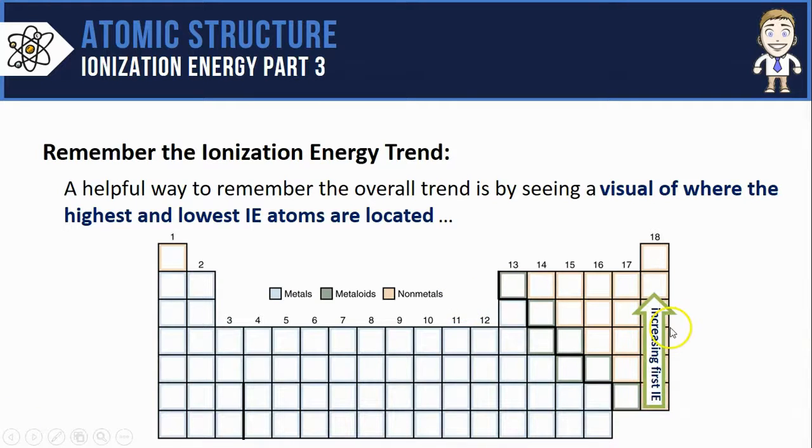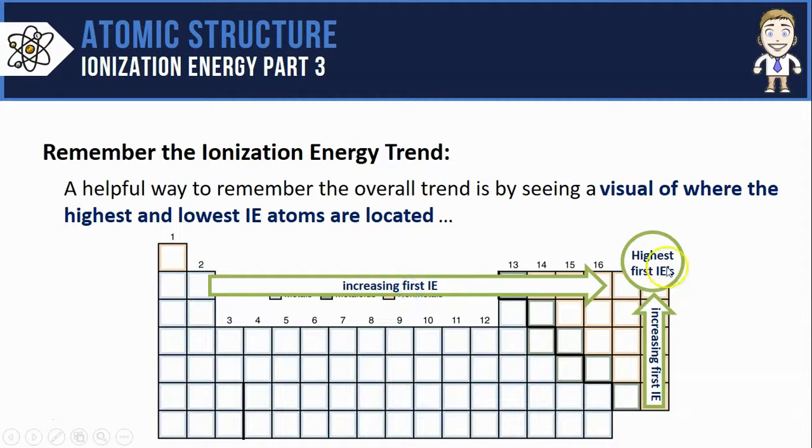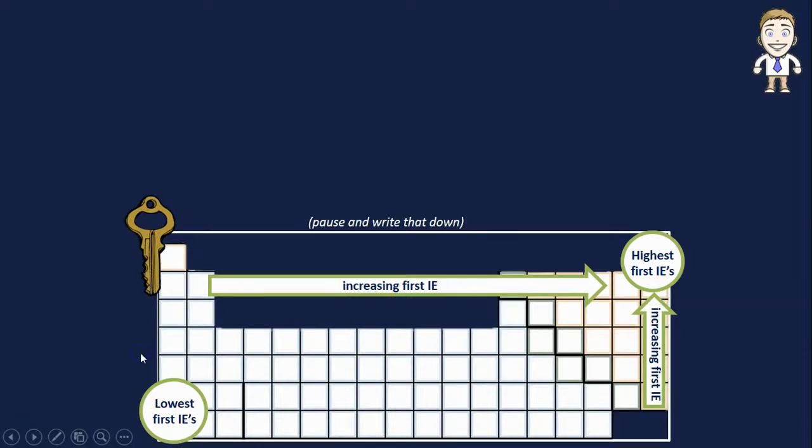Have one arrow pointing up, labeled with increasing first ionization energy. Draw a second arrow pointing left to right, labeled with increasing first ionization energy. Or simply label the top right-hand corner as the atoms with the highest first ionization energies, and the bottom left-hand corner as the atoms with the lowest. I recommend jotting down this version. You can pause and take a moment to do that.